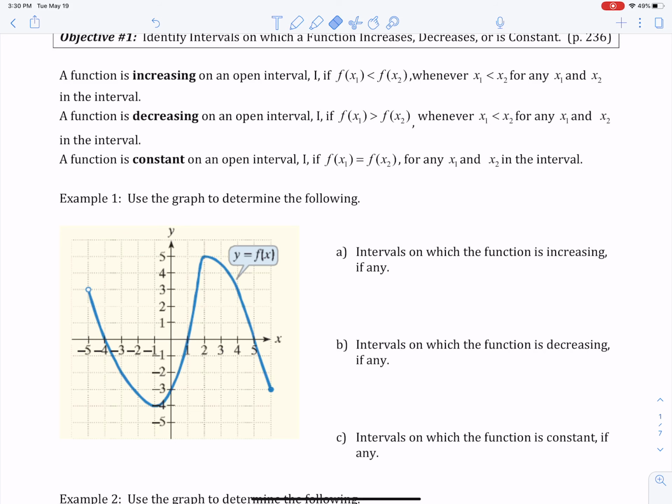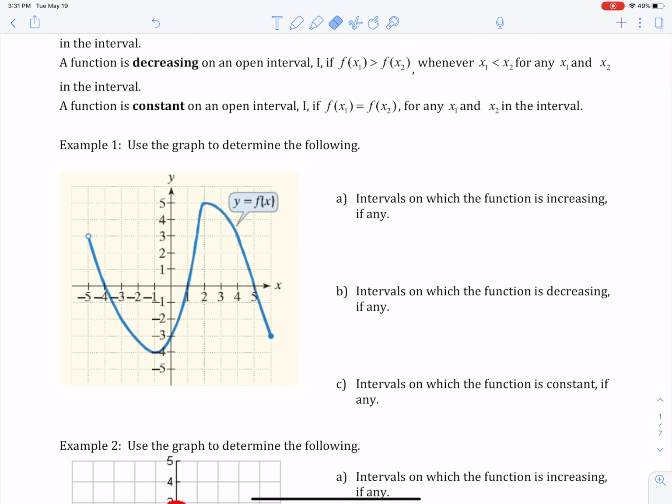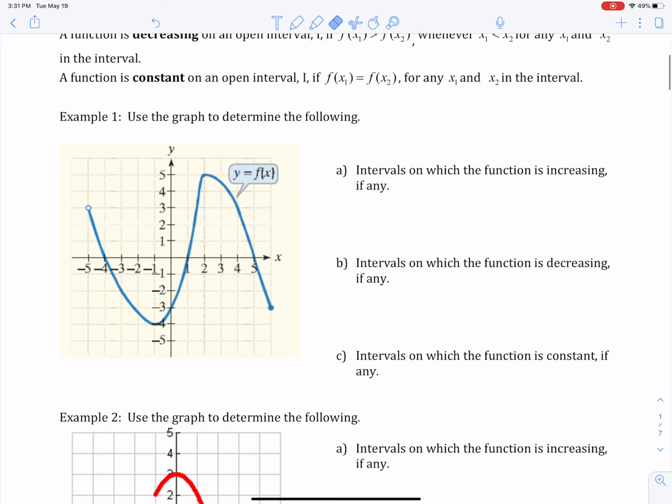So I have here two examples, graphs that we worked with before. Use the graphs to determine the following: intervals on which the function is increasing, if any. Probably the best way to approach this problem is to find the coordinates of the basic points, minimums and maximums.